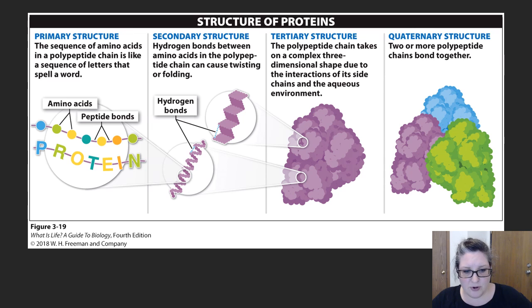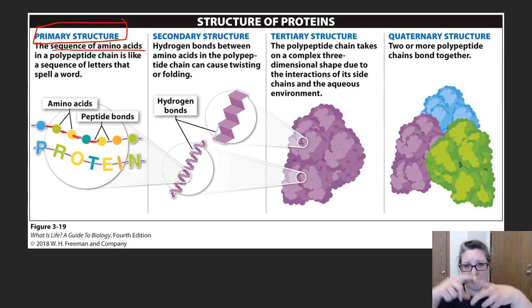So in this primary structure, it's simply the sequence of amino acids. So if we have alanine, lysine, cysteine, methionine, cysteine, just that sequence, these together, that's the primary structure, like beads on a string. The amino acids connected by peptide bonds.